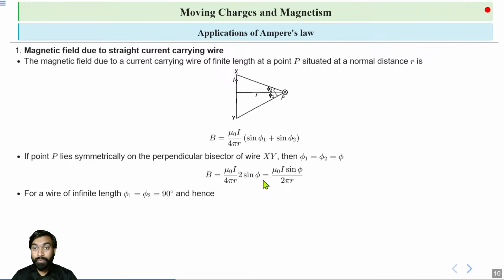When the wire is infinitely long, the angles phi 1 and phi 2 both become 90 degrees. Sine 90 is 1. So the magnetic field at a distance r from an infinitely long wire is B equal to mu naught I divided by 2 pi r.